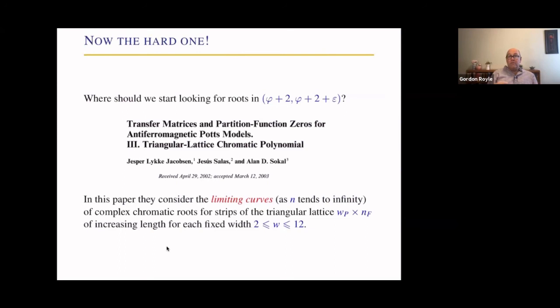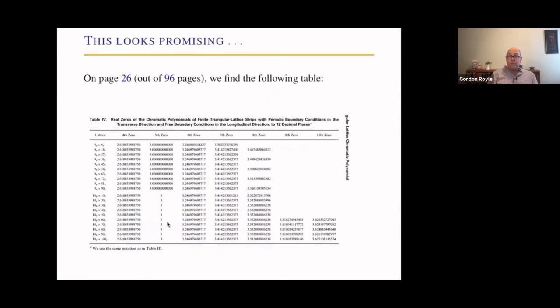But luckily, Jesper, Jesus, and Alan have published a large number of papers calculating the zeros for a large number of lattices with different widths and different end conditions and so on and so forth. Each of these papers is a generous 100 pages long or so, so they're not exactly light reading, but if you're desperate, then you have no choice.